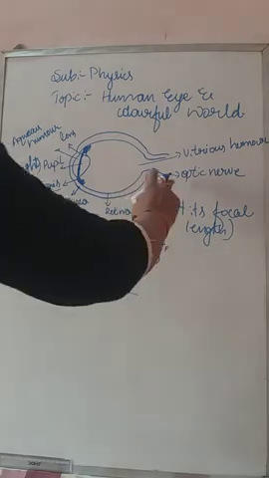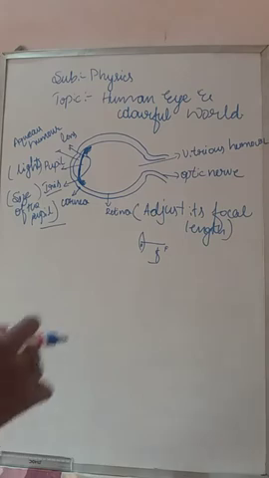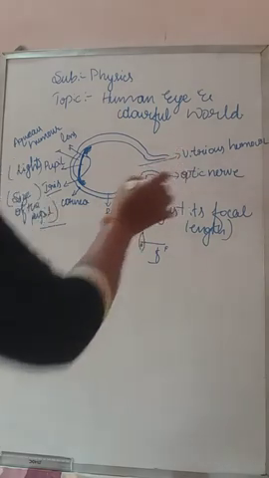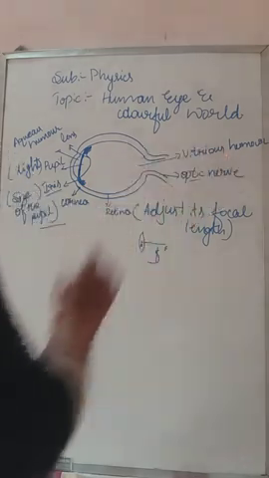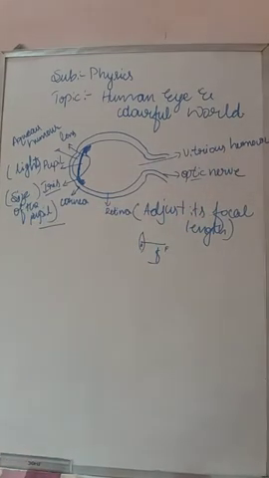And the last thing we can see here is the optic nerve. These are called the nerves. If you widen your eye, you can see the red colored nerves inside the eye. Those are called the optic nerves. What is the work of the optic nerves?